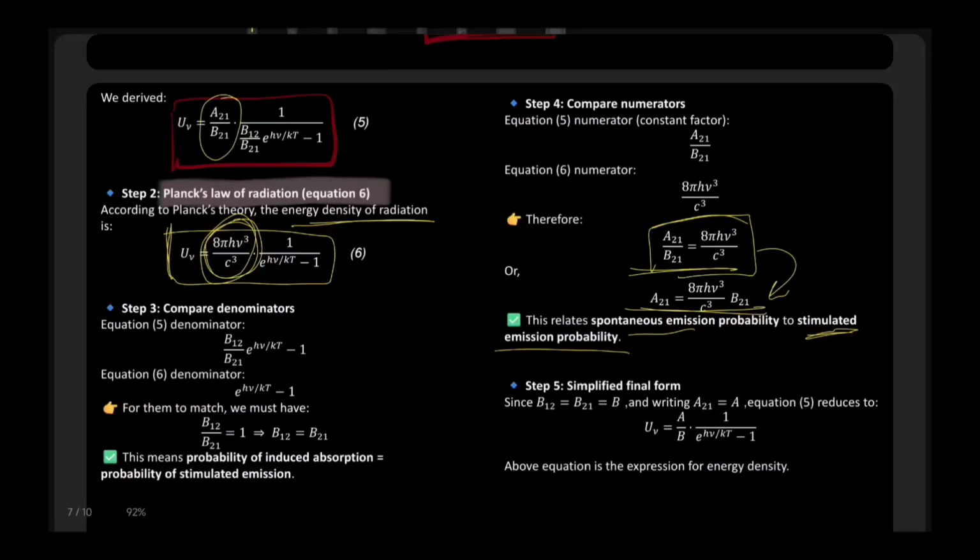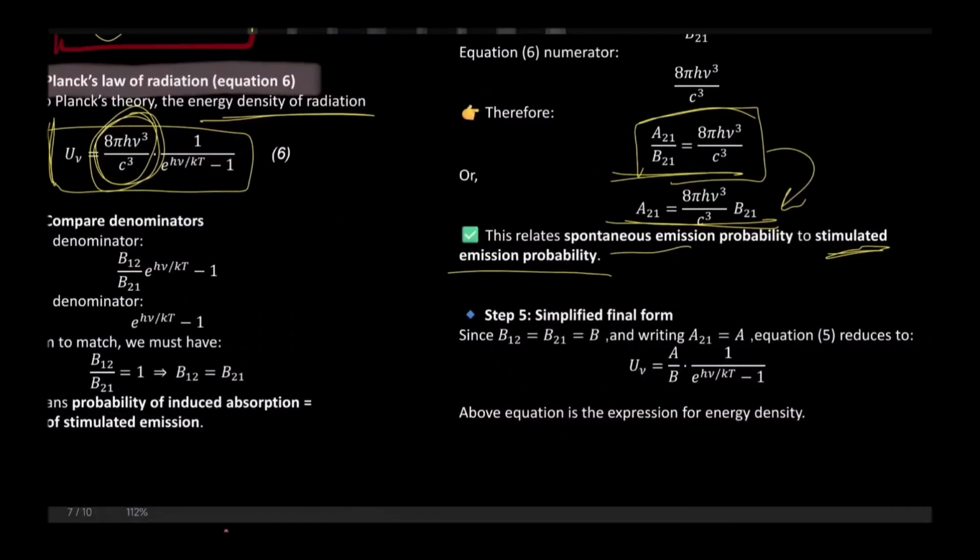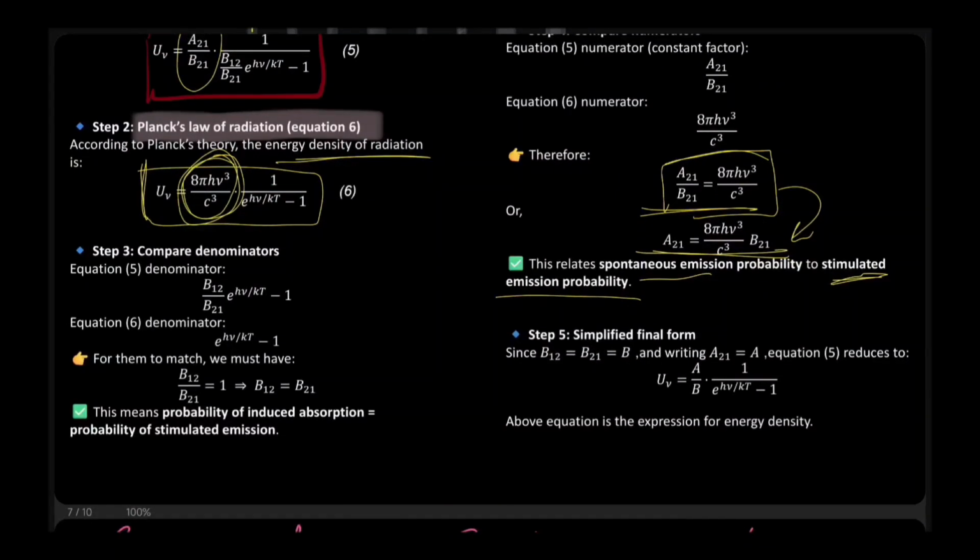After this, we will write in a simplified form. A21, see, A divided by B, you can see here. So B12 divided by B21 is equal to 1. What does this mean? B12 was for induced absorption and B21 was for stimulated emission.